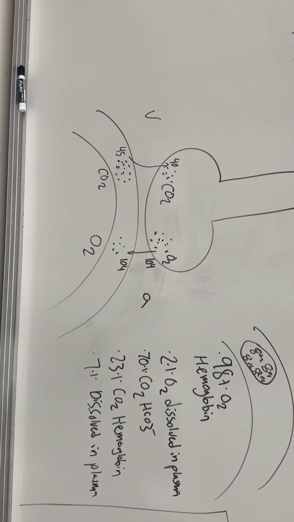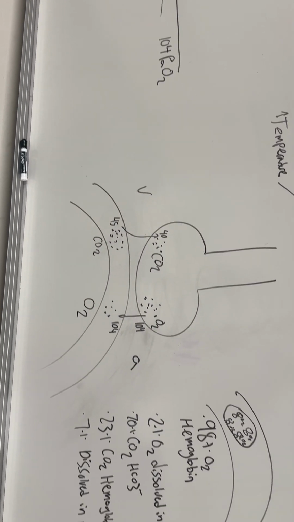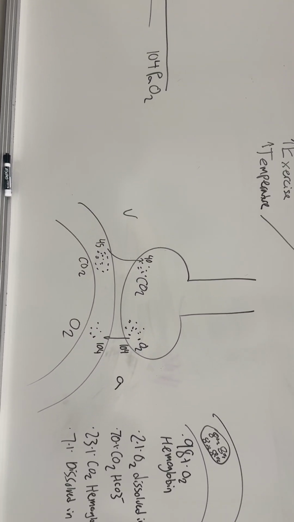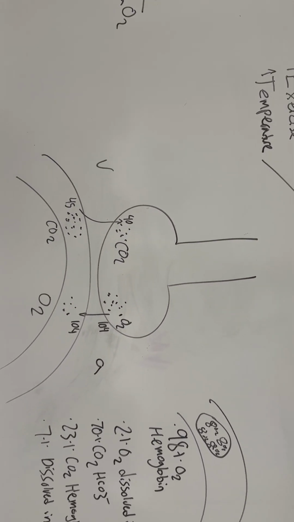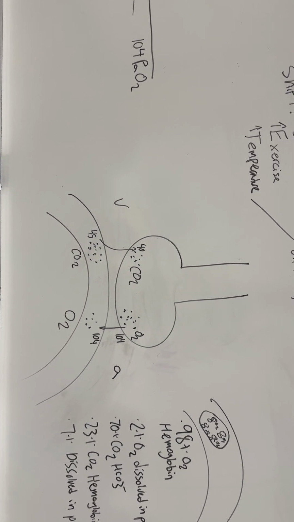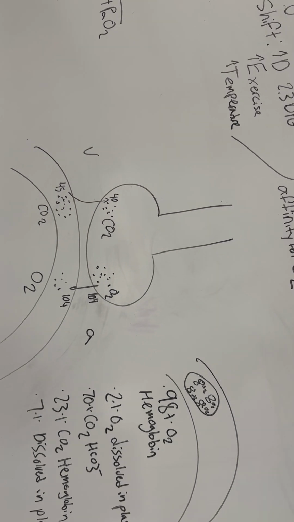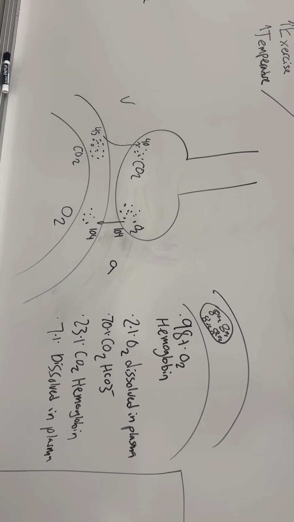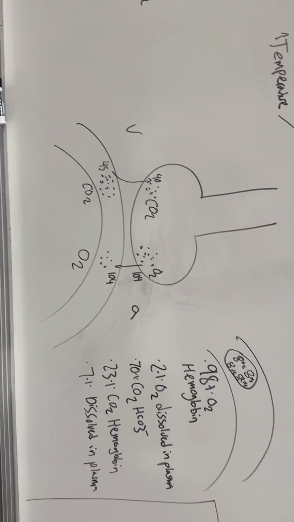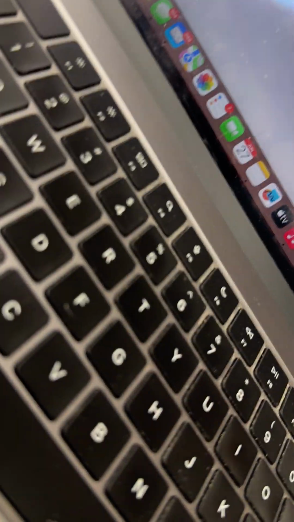But then when we get down into the tissues where we need that oxygen now, there's a lot of CO2 coming out, which is going to cause hemoglobin to enter the T state and cause oxygen to fall off. And then CO2 is going to bind. So oxygen falling off of the hemoglobin causes CO2 to bind to it.